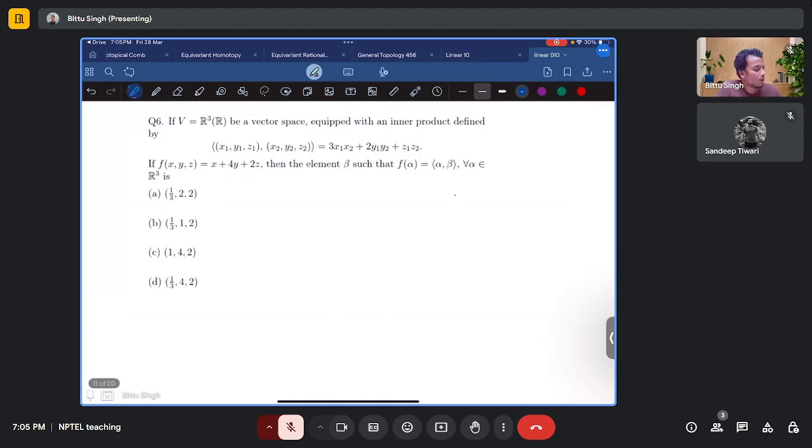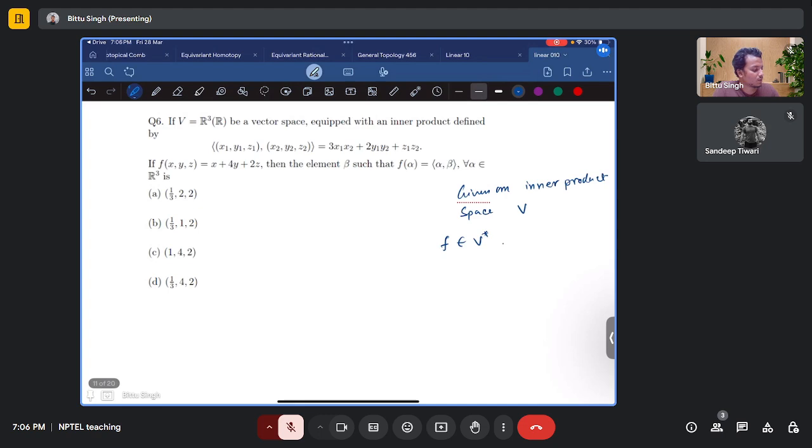Given an inner product space V with an inner product, now any functional. Suppose F belongs to V star, meaning F is a linear functional, right?